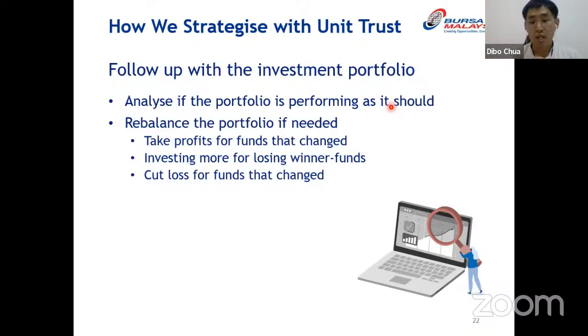This is the wrong approach, because you didn't do your own work, you didn't understand your return targets and return objectives. Once invested, they wait 3 years and do nothing at all. They don't follow up. This is another mistake, so no wonder your fund is in a bad situation. This is why I stress how important this is. It is the most important part you should really do: follow up on your investment portfolio.